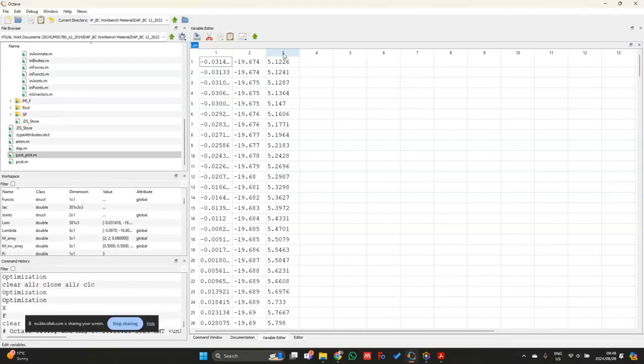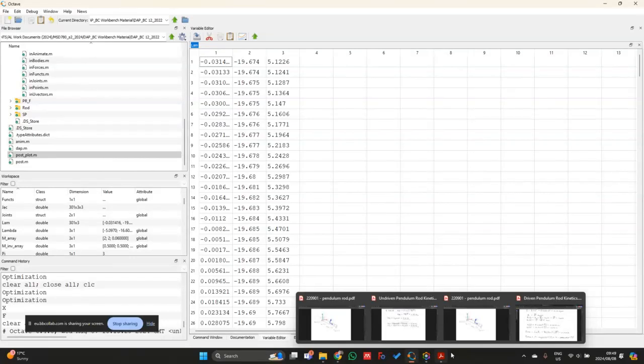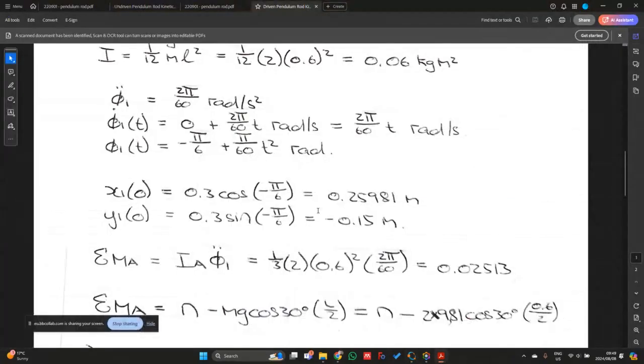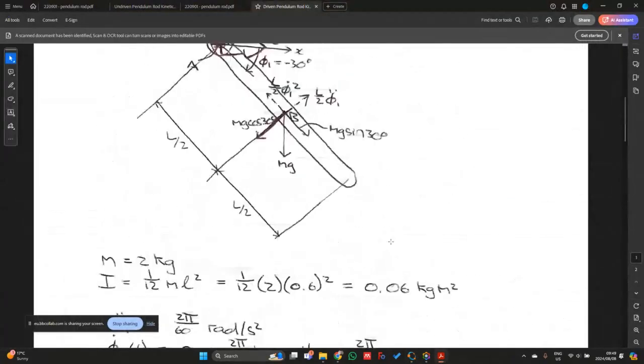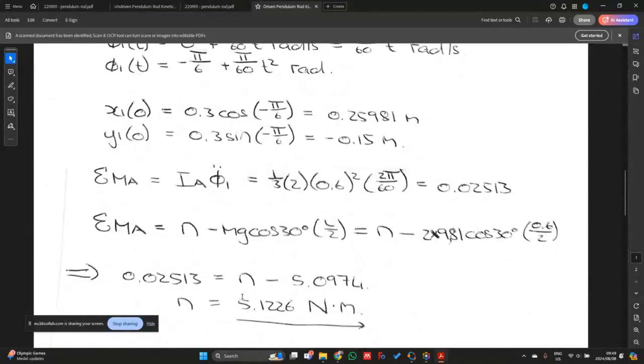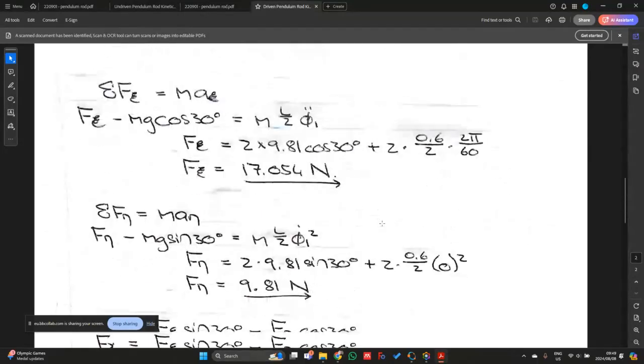However, the third one now imposes the actual moment that I need for that relative rotation driver. And if I look at the very first value, 5.1226, if I go to the values that I calculated over here, you'll see that the moment over there was also 5.1226, so that means it initialized correctly.